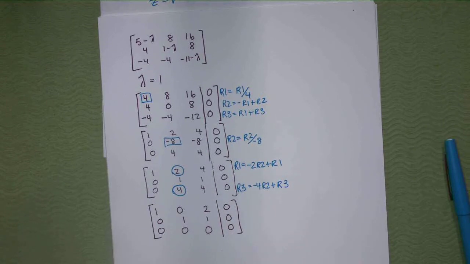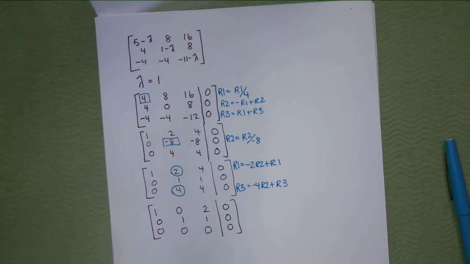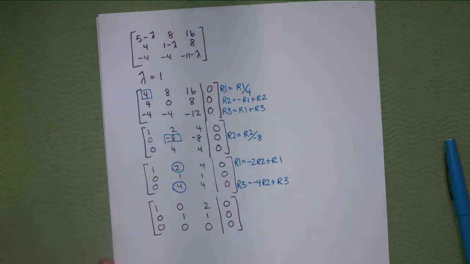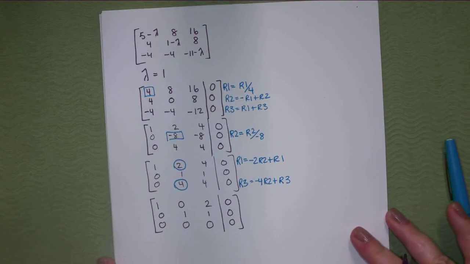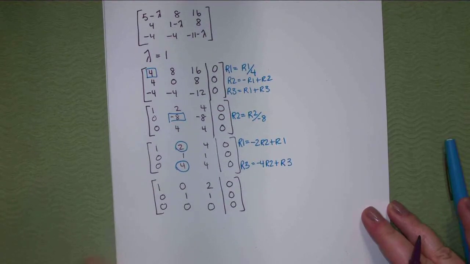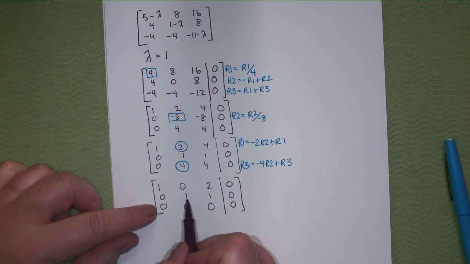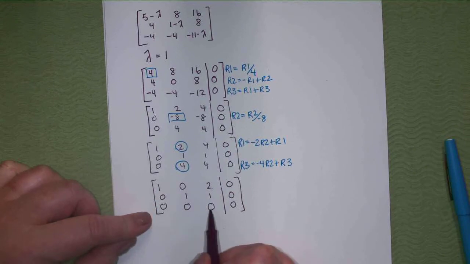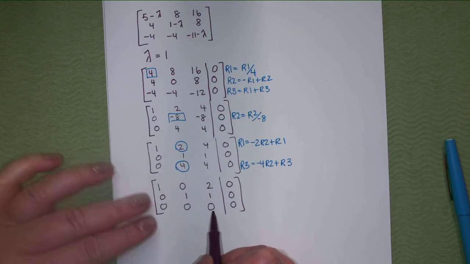And we end up with this. So our lead, we're done, because we made a 1, zeros, 1, zeros, and there's nowhere to make a 1 here. So we stop. This is in REF.